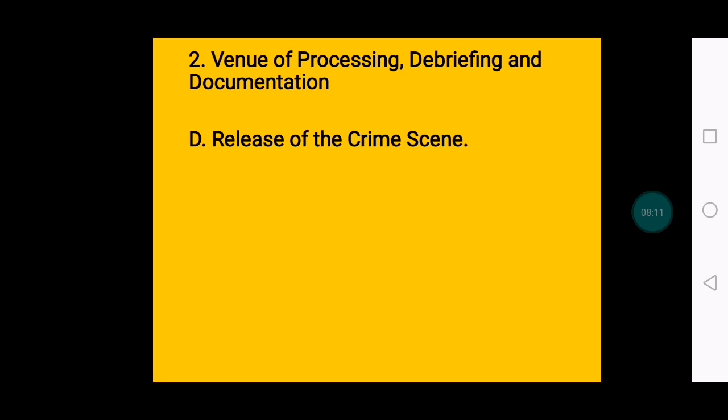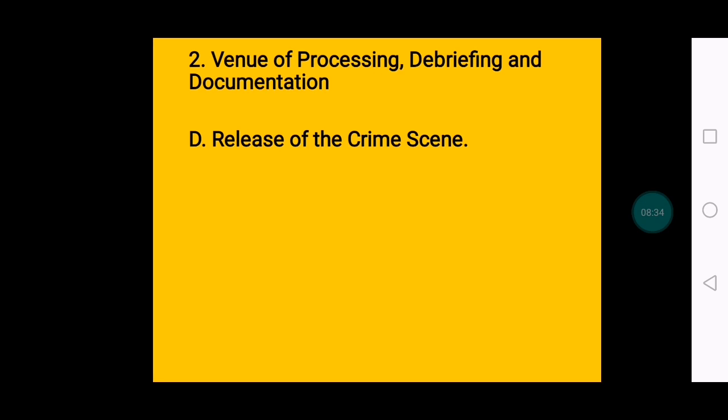Next is release of the crime scene. Release is accomplished only after completion of the final survey. Once the crime scene is processed, it can be released. At minimum, documentation should be made of time and date of release, to whom released, and by whom released.